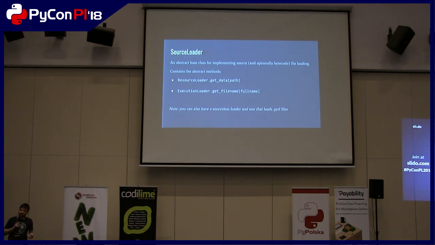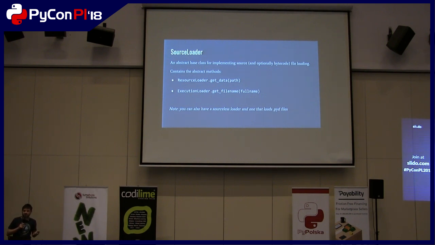And the second function that we need is the get_data method that will take a path, your virtual path or maybe your real path, and it will return to Python the string that contains the code that would normally be inside that file.